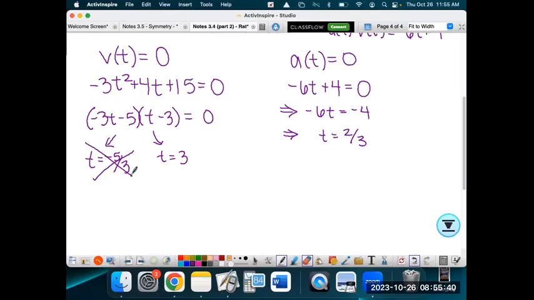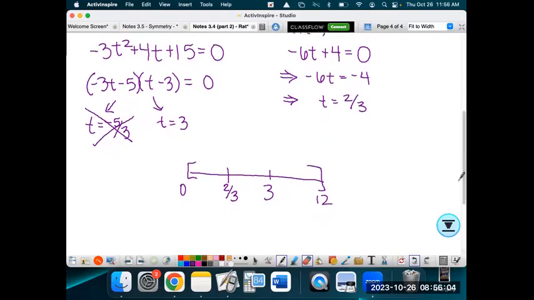I'm going to put both of those times on the same number line here, keeping in mind that we're going from 0 to 12. 2/3 is going to go first. 3 is next. I'm not looking at actually scaling this appropriately.